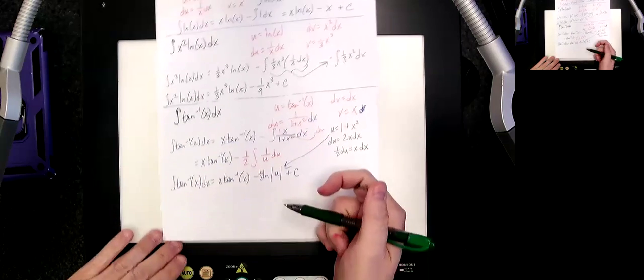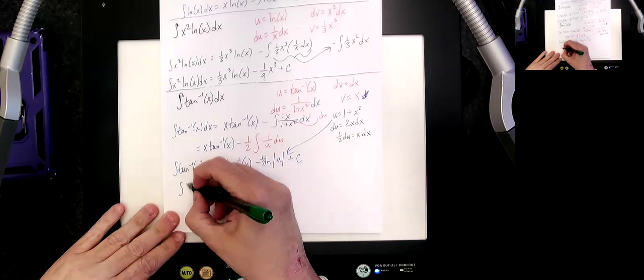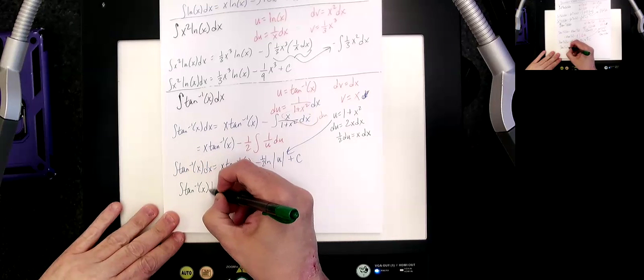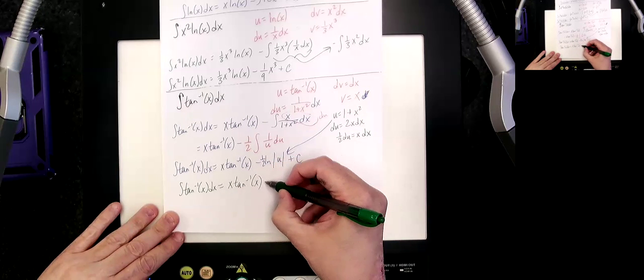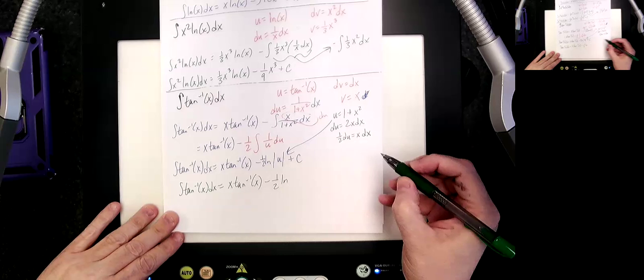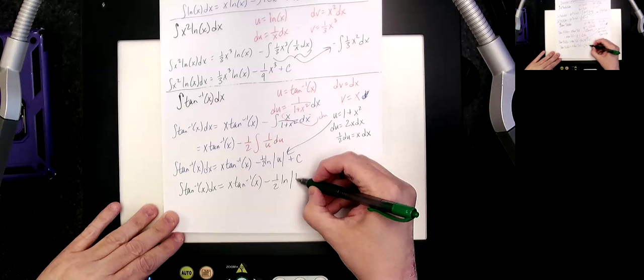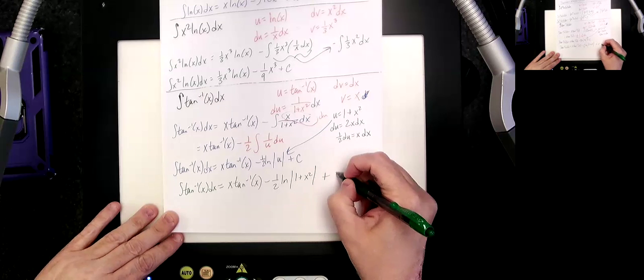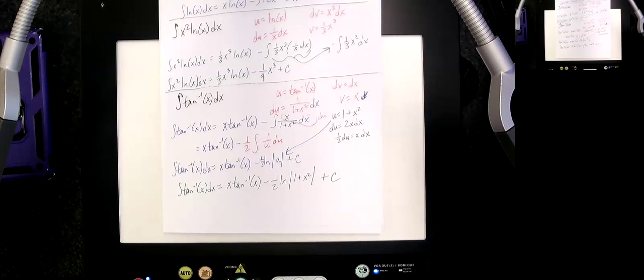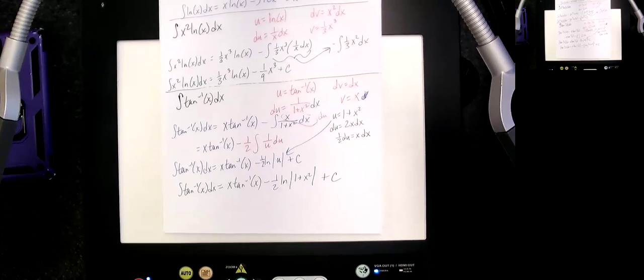So our final answer on this one: x tan inverse x minus 1/2 the natural log of 1 plus x squared plus c. And at this point, I probably don't need absolute values anymore because both 1 and x squared are positive, so there's no way the inside is negative. But I'm going to leave it there because I want to write it again.